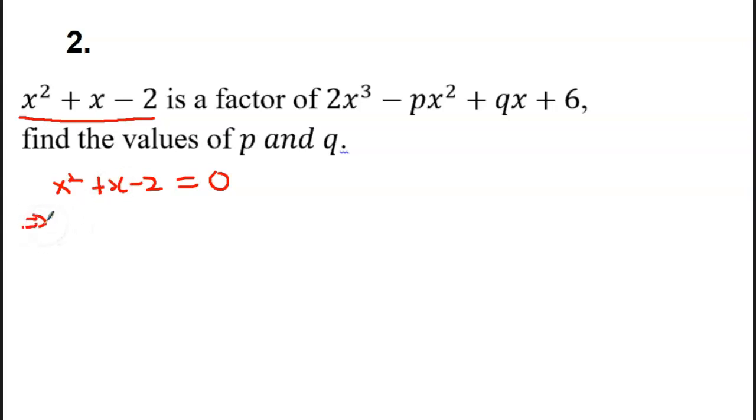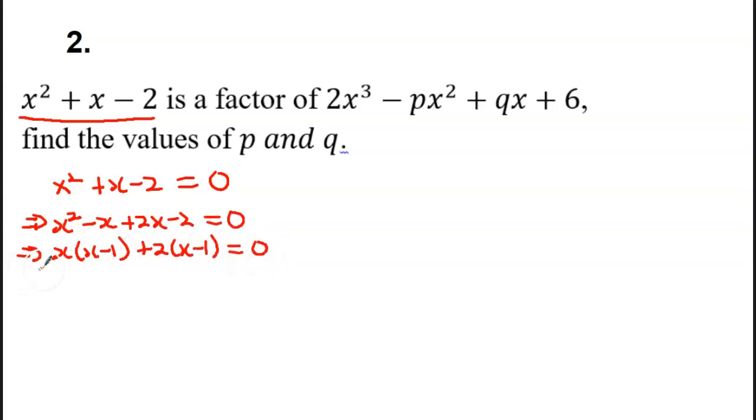So x squared minus x plus 2x minus 2 is equal to 0. We are going to have x into bracket x minus 1 plus 2 into bracket x minus 1 is equal to 0. So x minus 1 and x plus 2 is equal to 0.